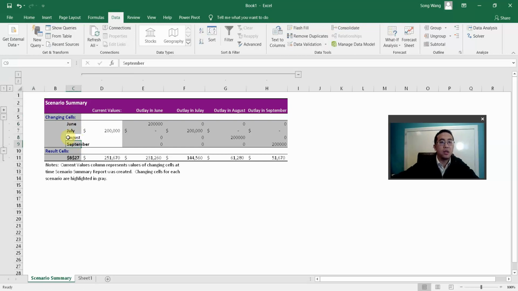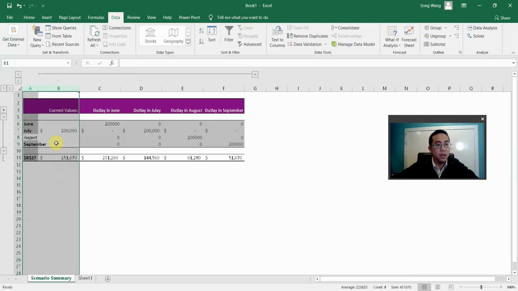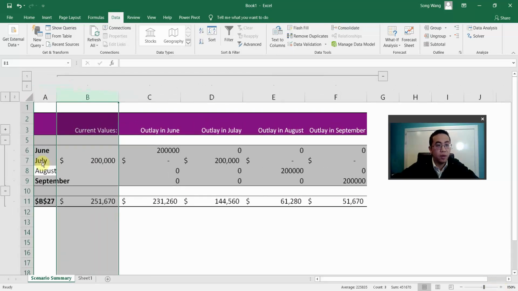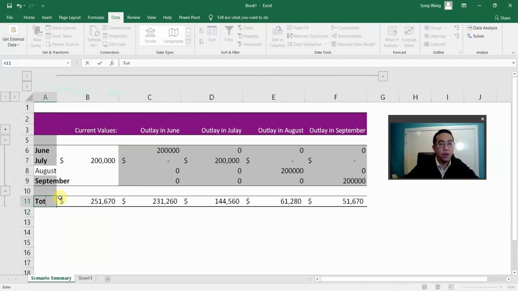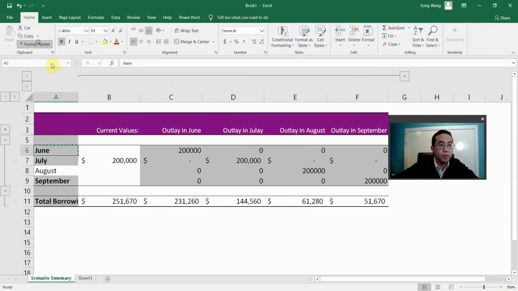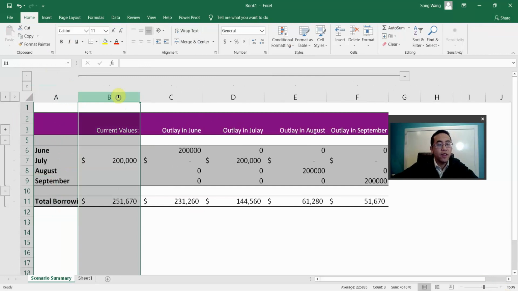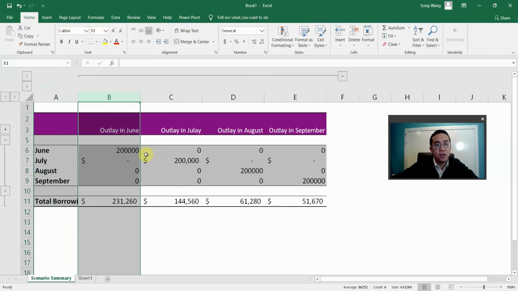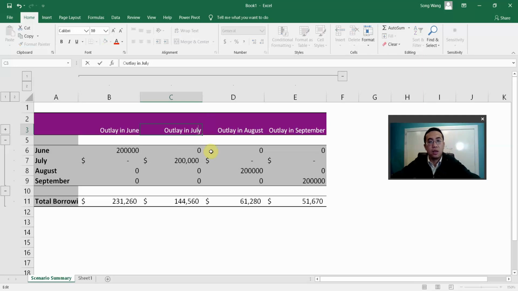That's August. And you can also delete the chart to make it a little bit better looking. This would be your total borrowing. The current values column you can just delete, because the current value is the outlay in July case.